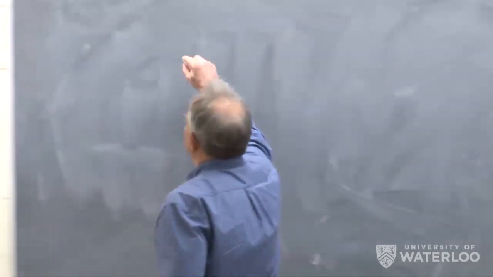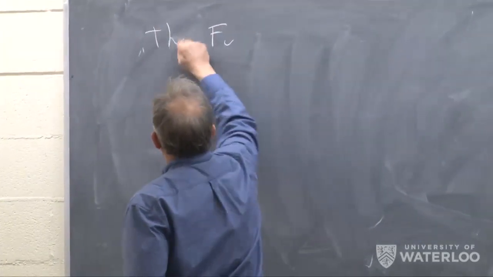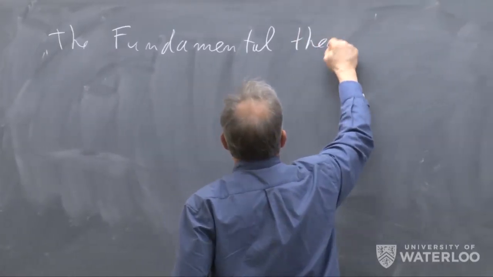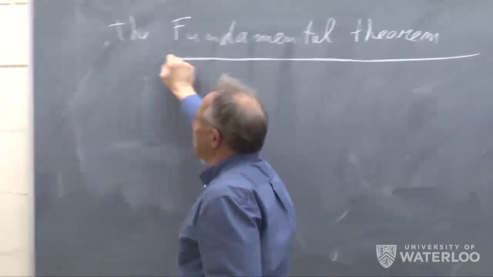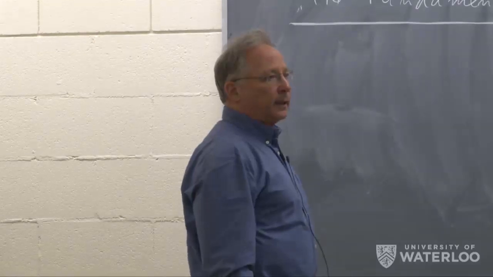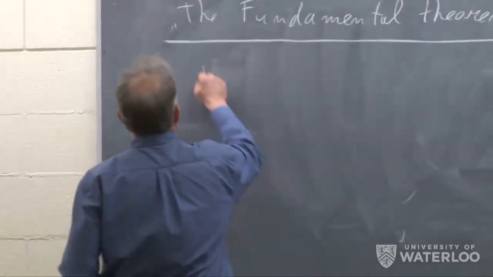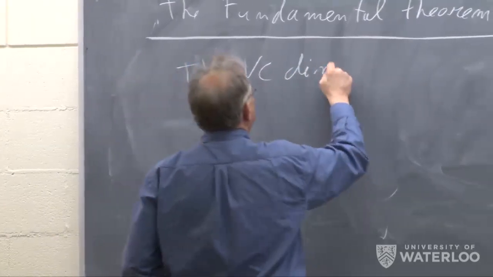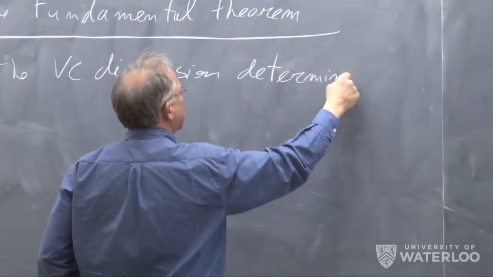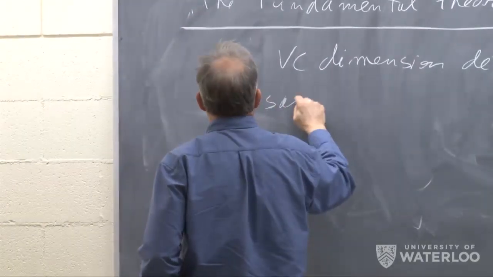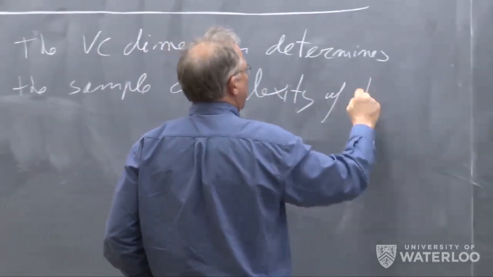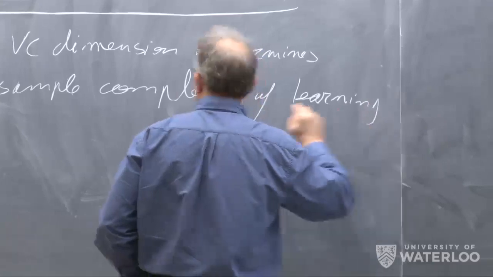So we had the fundamental theorem of statistical machine learning, and it basically said that the VC dimension determines the sample complexity of learning a class.